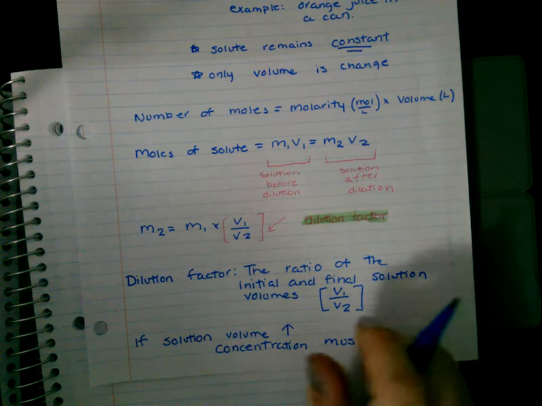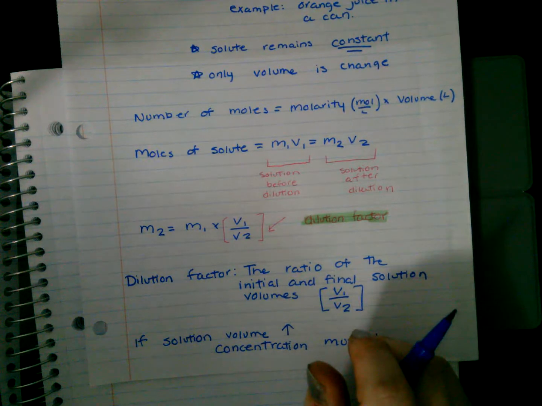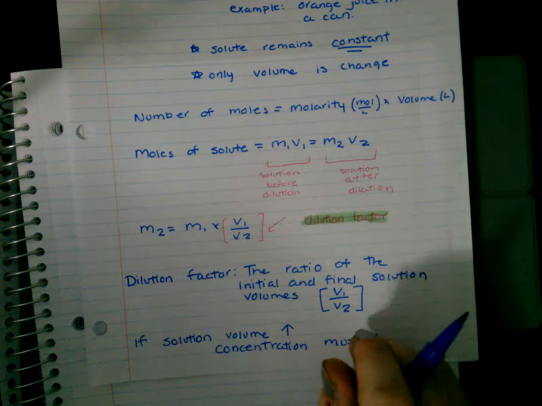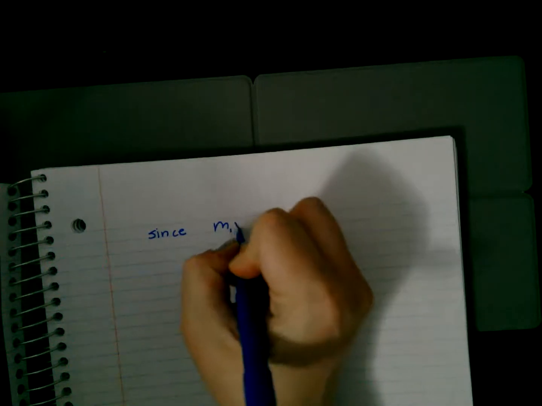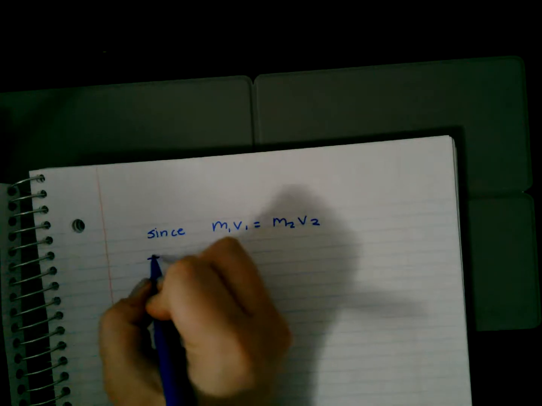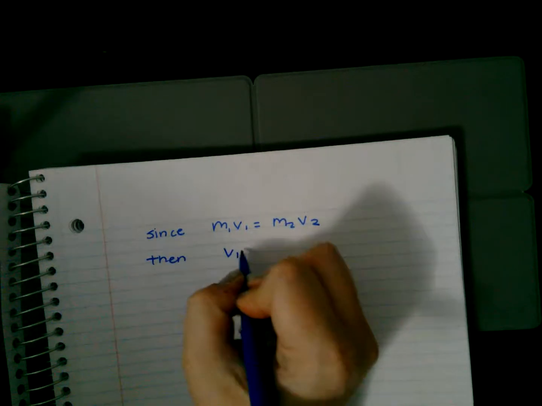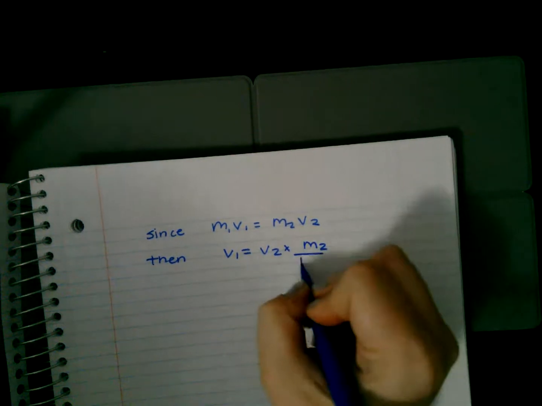The relationship between concentration and volume can also be used to find what volume of the initial solution to start with to achieve a given dilution. So some other equations that we need to know. Since M1 V1 equals M2 V2, then V1 equals V2 times M2 over M1.